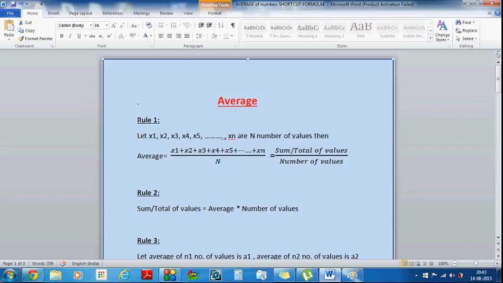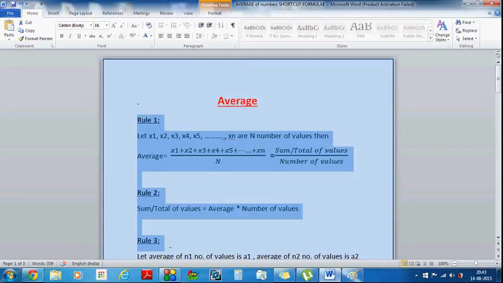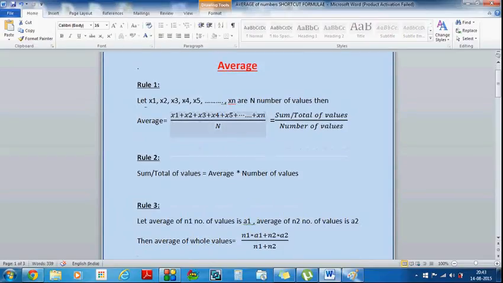Now I have given these rules. These are the formulas and rules. So rule 1: let x1, x2, x3, x4, x5, up to xn be n number of values.